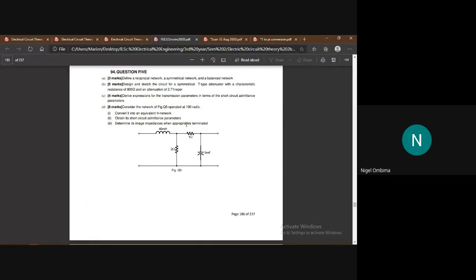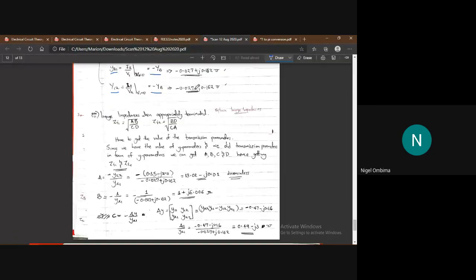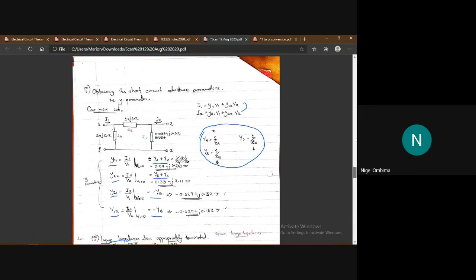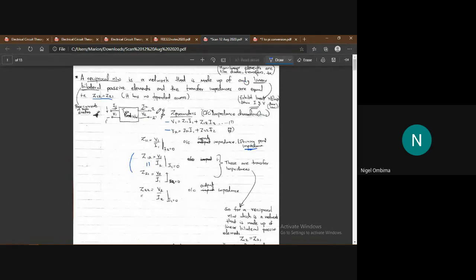Determine its image impedances when appropriately terminated. Image impedances, there are 2 subtopics: image impedances and iterative impedances. So image impedances, it's like when you connect a 2-port network, this diagram I have here, to another 2-port network, whereby the output of this one, let me just draw. Forget the background, I'll just draw over it. This is another 2-port network, like this.